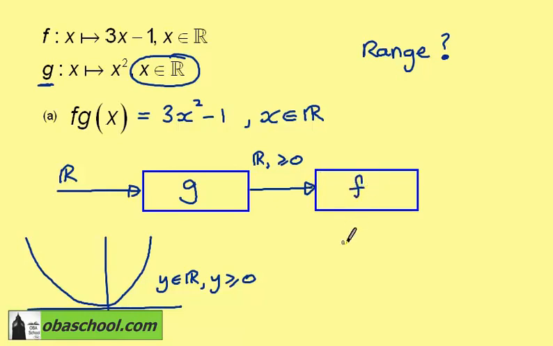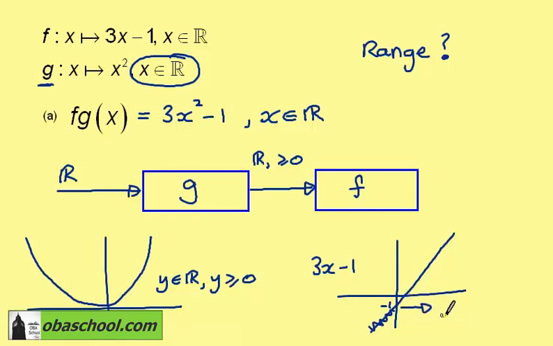So now let's look at f. This is 3x minus 1, and the graph of 3x minus 1 is a straight line with gradient 3 and y-intercept minus 1. Because of the domain, this part of the line will not exist. Our domain is only numbers from 0 upwards.